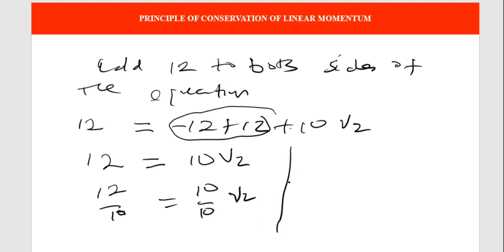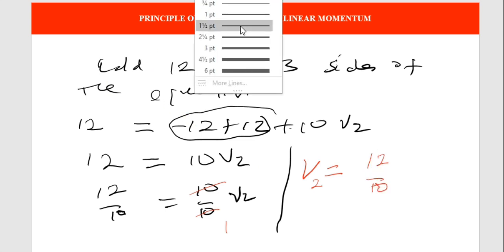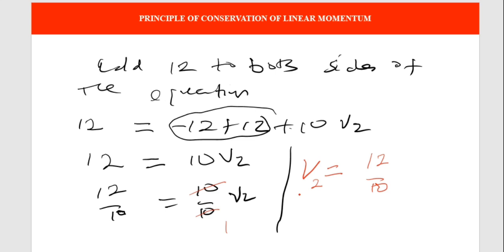So here this cancels out to give 1. So we have v2 to be equal to 12 divided by 10. So what is the answer here? 12 divided by 10, we have v2 to be equal to 1.2 meters per second.